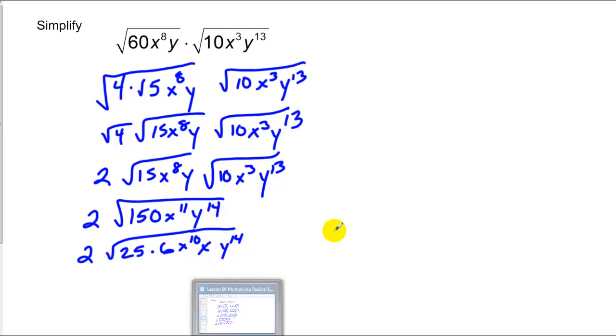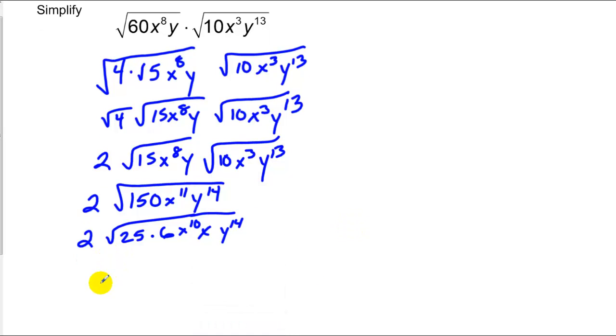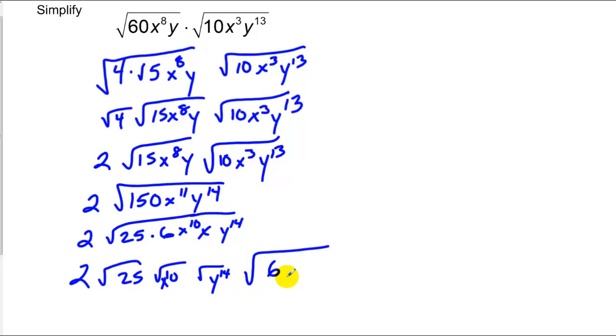And then I'll break this apart a little bit. So I have root 25, root x to the 10th, root y to the 14th, and my non-perfect squares are the 6 and the x.